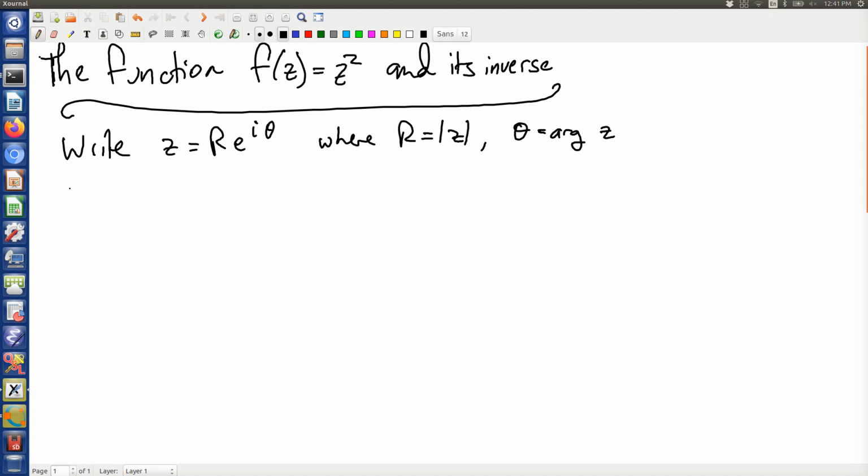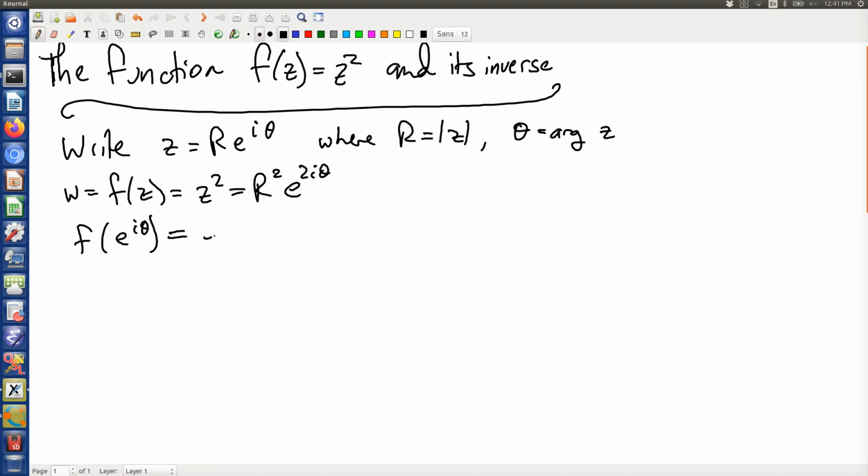Now if I say w is f of z, so z squared, that's r squared e to the 2i theta. Right away you should notice that f of any unit complex number is still a unit complex number.